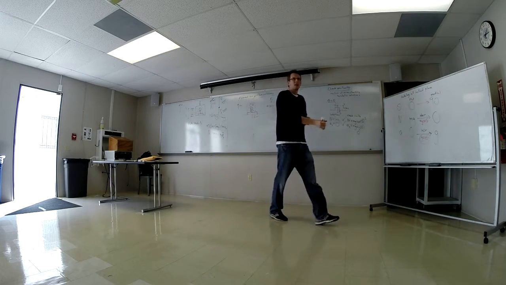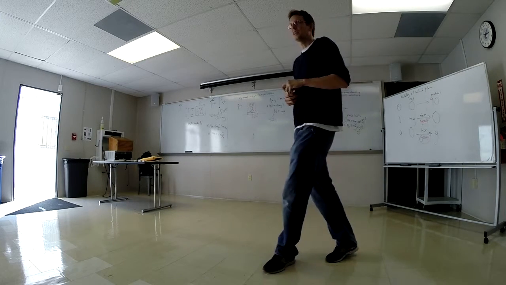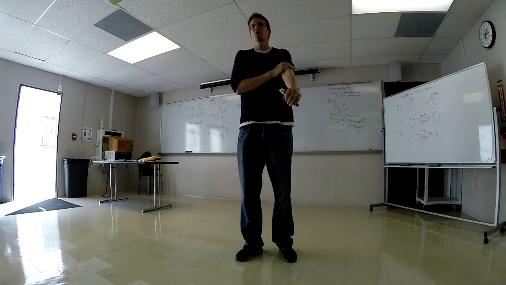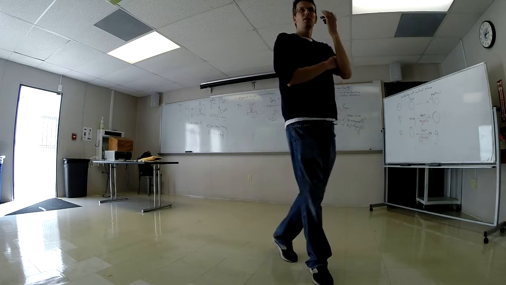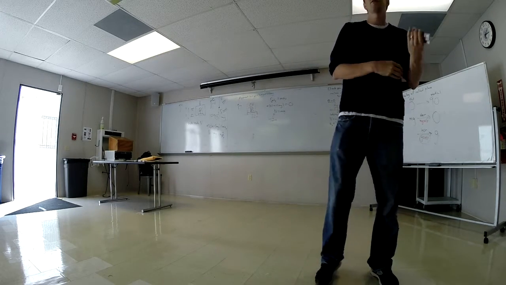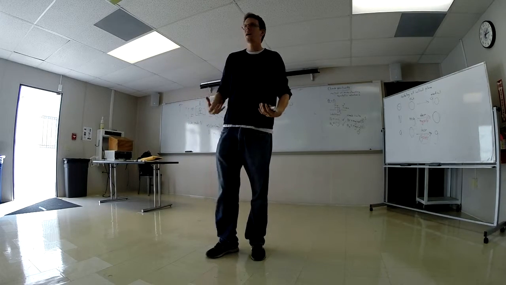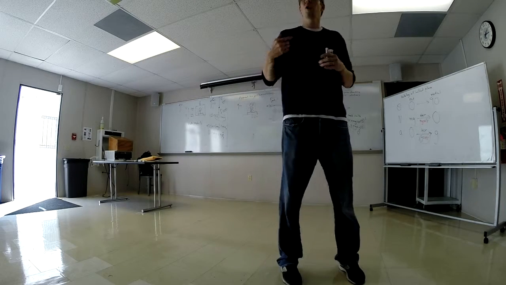So it seems like kind of a parlor trick to just fool the scale into reading something that it's not supposed to, but it's not just a trick for the scale, it's a trick for your mind. Because when you walk around, you do not judge how heavy you feel by the force of gravity pulling down on you. You judge how heavy you feel by how hard the ground you're standing on pushes up on you.